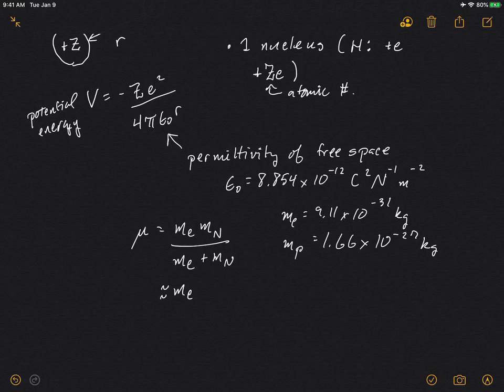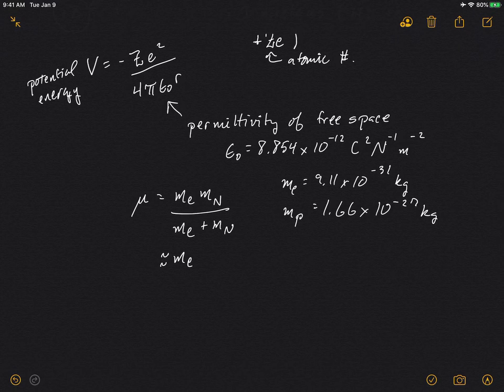That would be the 0 of energy. So most of the energy levels in the system are actually going to be bound states where the electron is bound to the nucleus, so they're going to be lower in energy than 0. So we've implicitly set our energy 0 such that all of our energies are going to be negative. And again, that's relative to some 0. We're not breaking the laws of conservation of energy.